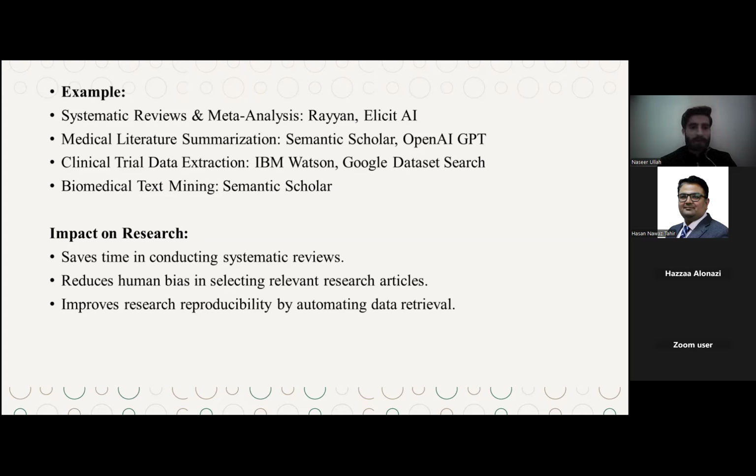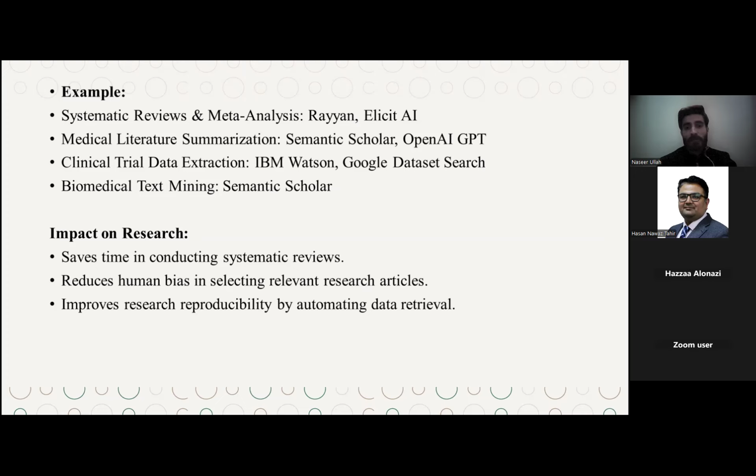Impact on research: saves time in conducting systematic reviews. Before the age of AI, we searched in many databases like PubMed, Google Scholar, and many others. But these databases can be searched by Semantic Scholar easily. We search only one website, Semantic Scholar, or we can get references through OpenAI GPT, like Grok 3, which is a better version, and DeepSeek, which is better than ChatGPT.